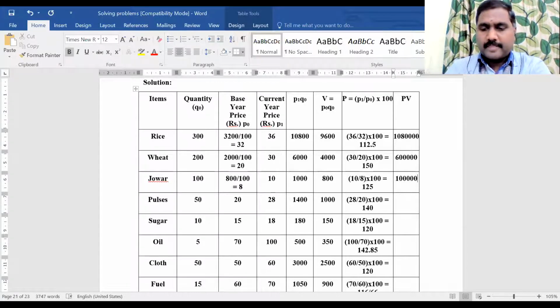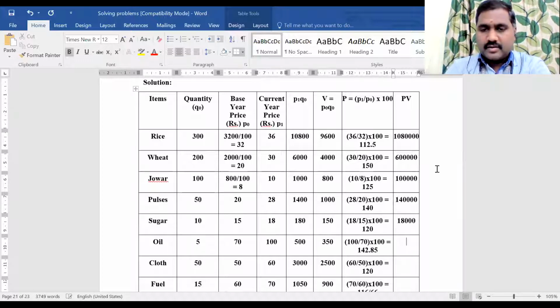1 lakh. Okay. This will be 14 lakhs. Then 150 into 120, 18,000.